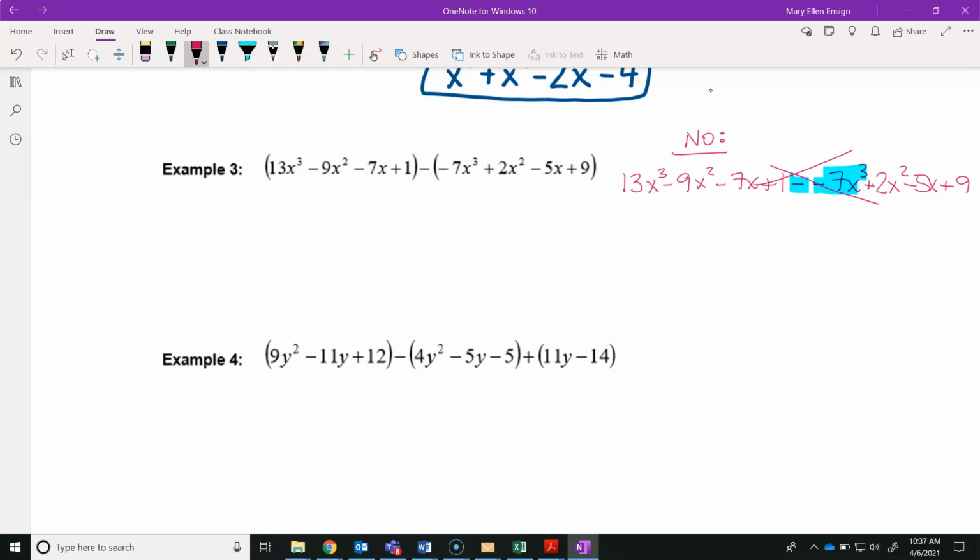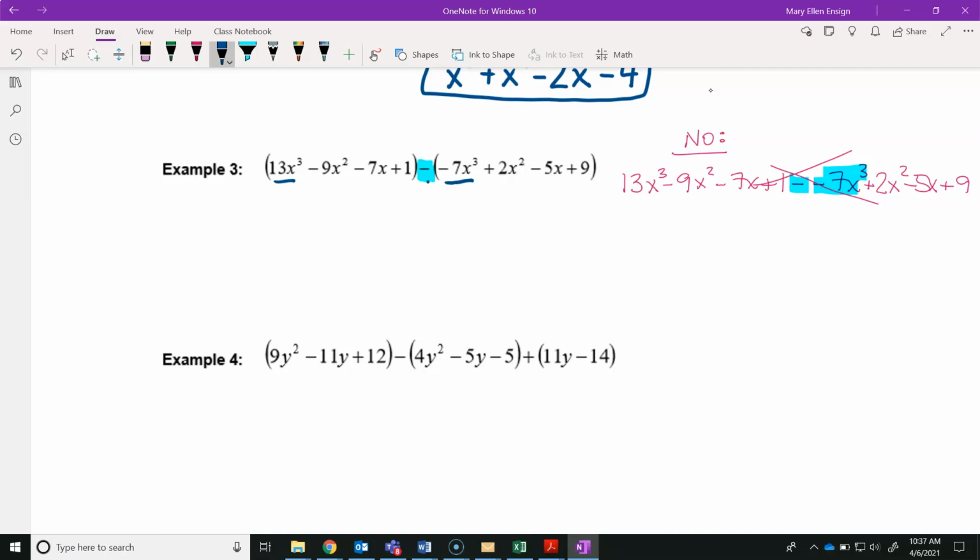I have one of two options. I can either leave the parentheses and just remember to work through this subtraction sign in every case. That's one thing I can do. Let's do that first, and then I'll show you also a second way we can do it. So if I remember this subtraction sign every time, I have 13x cubed minus negative 7x cubed.